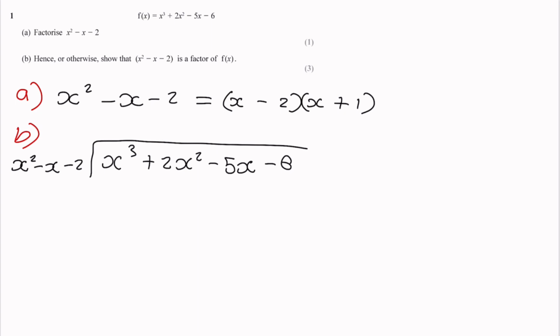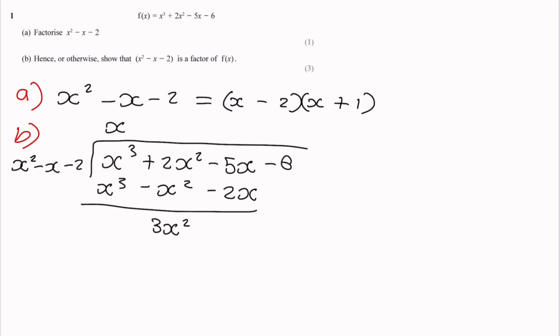It goes in x times, and then we do x times this whole expression on the left hand side. So x times x squared is x cubed, x times minus x is minus x squared, and x times minus 2 is minus 2x. Draw a line, subtract, so x cubed minus x cubed cancels, that first part should always cancel, plus 2x squared minus minus x squared, so that's going to be 3x squared, minus 5x minus minus 2x, so that's going to be minus 3x, and then bring down the minus 6.